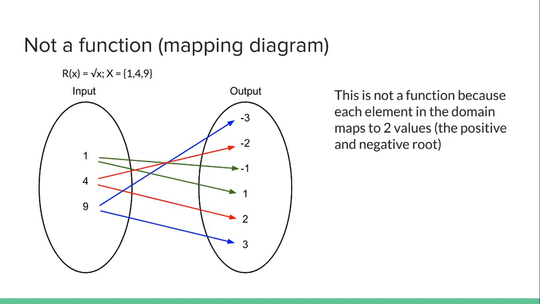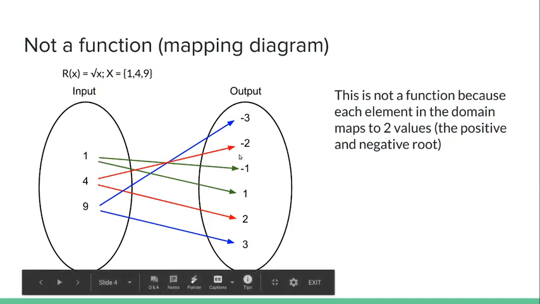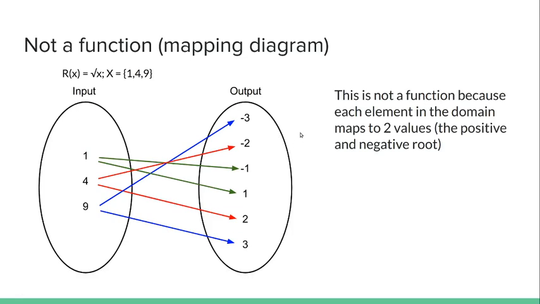Likewise for 4, -2 times -2 gives us 4, just like 2 times 2 gives us 4. So for any number, each number has both a positive and a negative root. And that means for any x, we have two possible outputs, and this breaks the rule of a function. So the square root of x is not a function because each element in the domain maps to two values, the positive and the negative root.